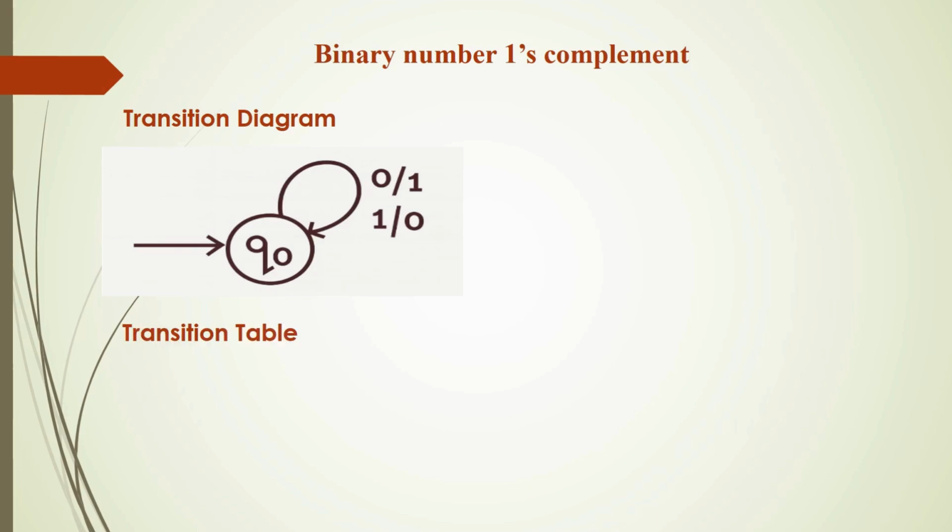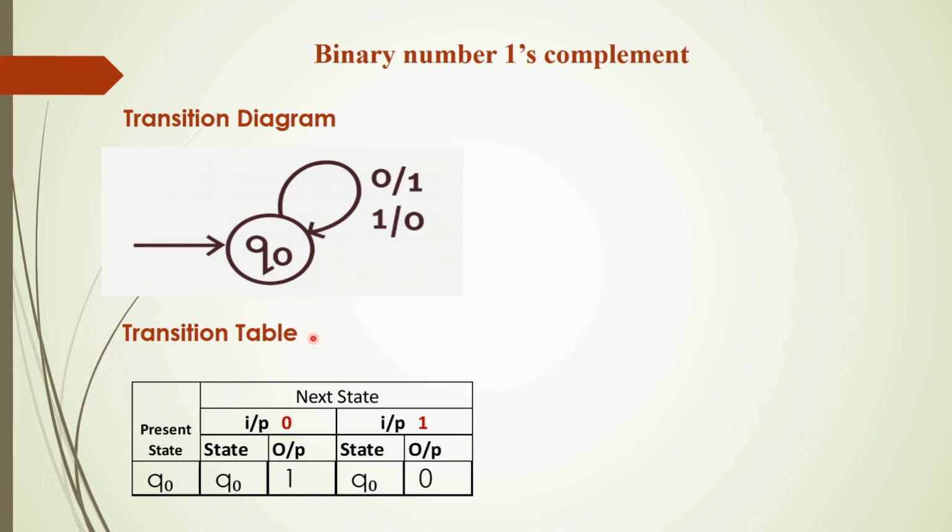While you are designing a transition table for a Mealy machine, you have to give your input, your current state and your output associated with each input. So when you design a transition table for a Mealy machine, your output is associated with your input symbol. Okay, so let's discuss and design a transition table.